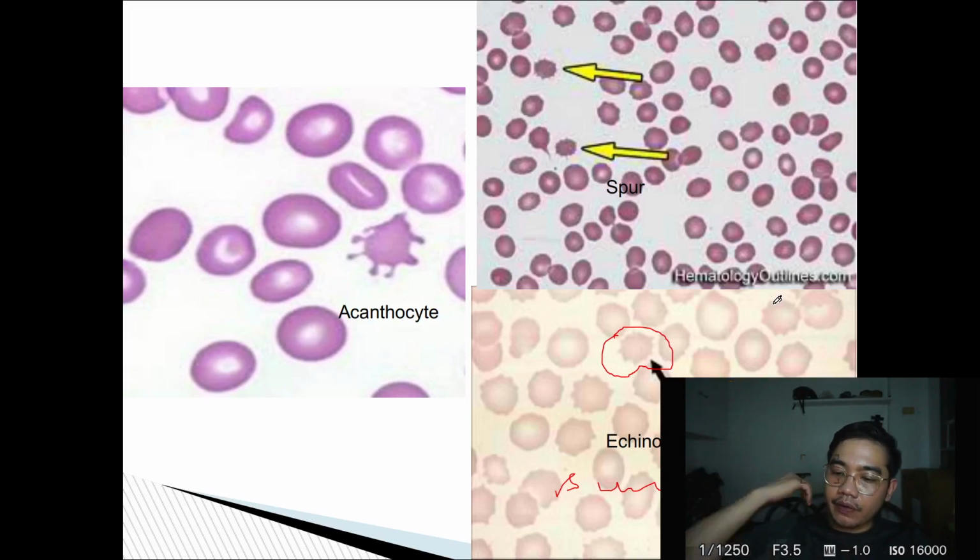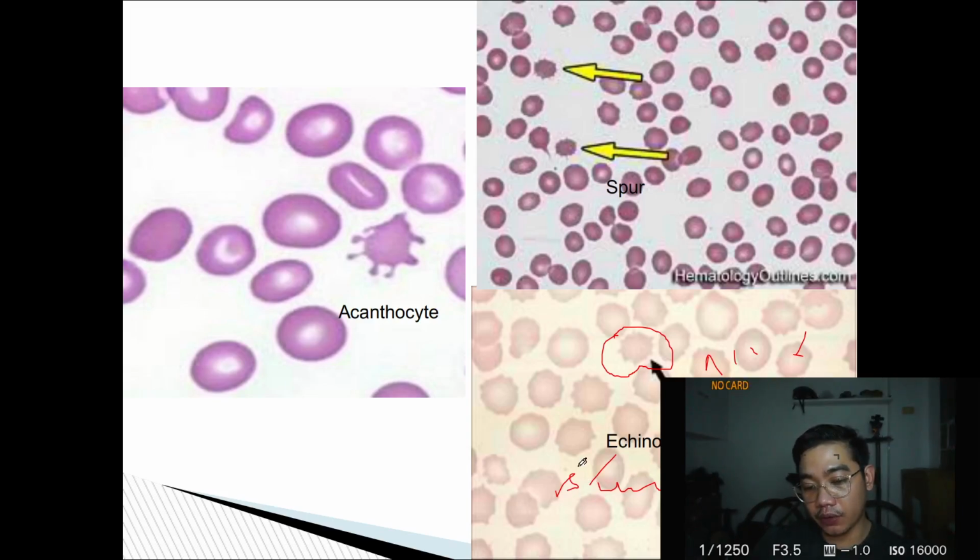But if there are a lot of echinocytes, sometimes I have the peripheral blood smear repeated with a new specimen, a new collection of blood, to make sure that the mixing of your EDTA is adequate, optimal, so that we can avoid any artifactual echinocytosis. If it's truly a Burr cell, then it's good. Then we can diagnose it. But if it's just artifactual, it's really hard to differentiate your echinocytes and your Burr cells.